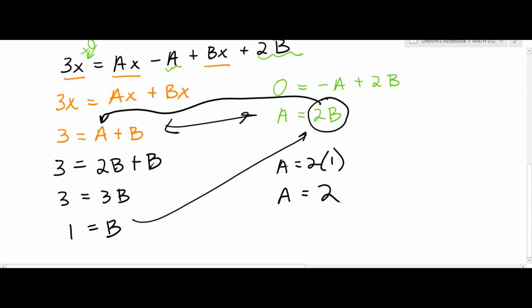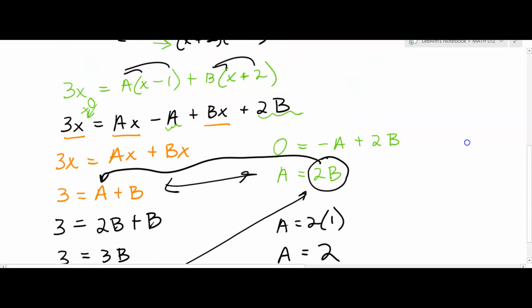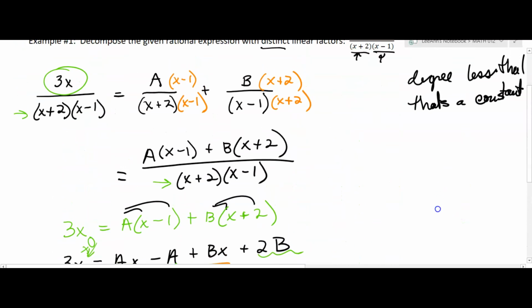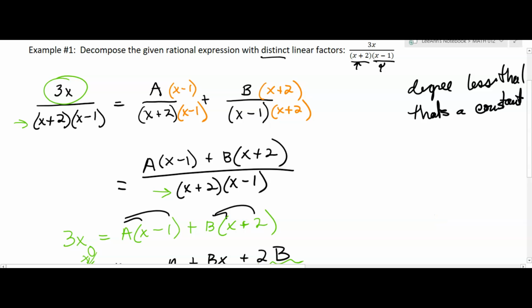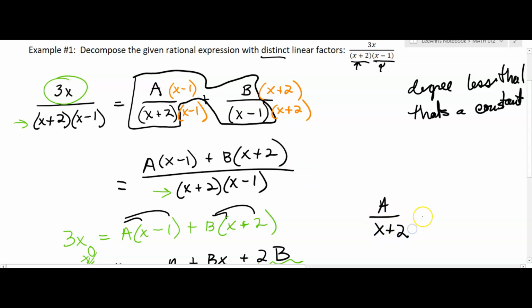Okay, now what matters though is how we write our final answer. And by the way, these do take some paper sometimes. So go way back to the original thing that we had. We had this part. I'm going to skip over that orange stuff. And that, okay? So we had a over x plus 2 plus b over x minus 1.